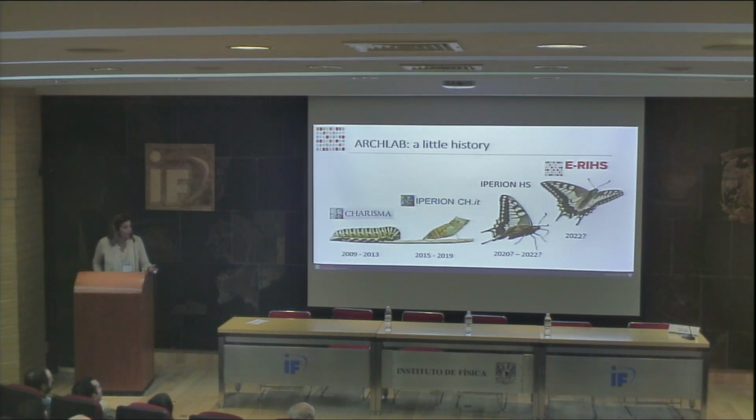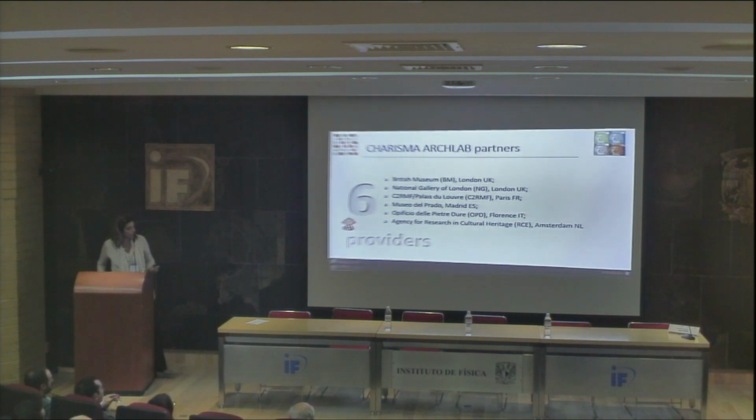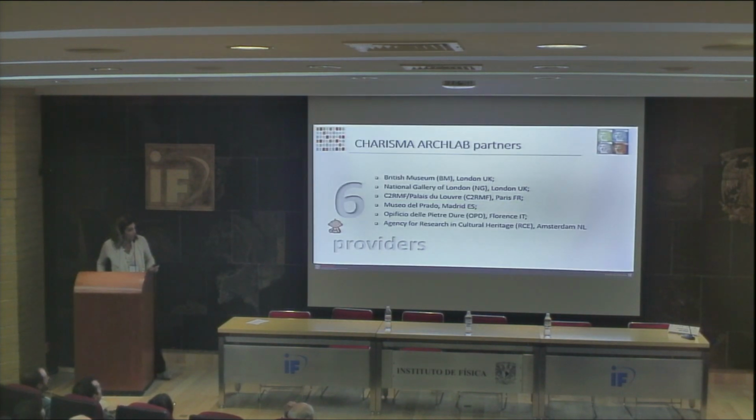The evolution of ArcLab is the following. It was born in the framework of the Charisma project, and then it evolved during the Hyperion project, and hopefully it will grow old during Hyperion HS, and finally in IRIS. At the beginning, we had 6 providers: the British Museum, the National Gallery of London, the C2RMF, the Museo del Prado, the Opificio delle Pietre Dure in Florence, and the RCE in Amsterdam.